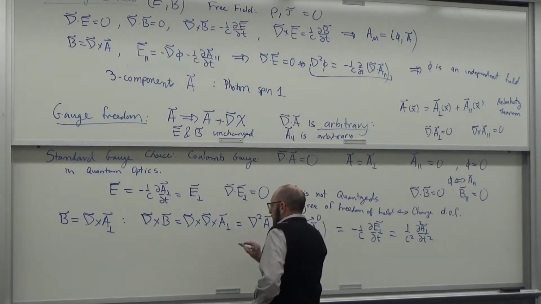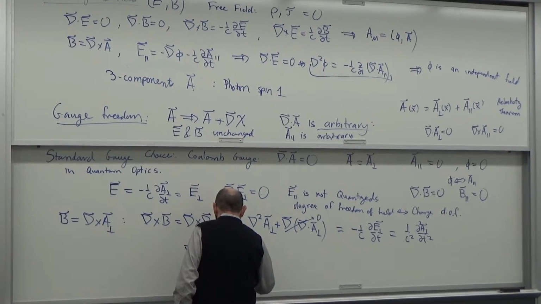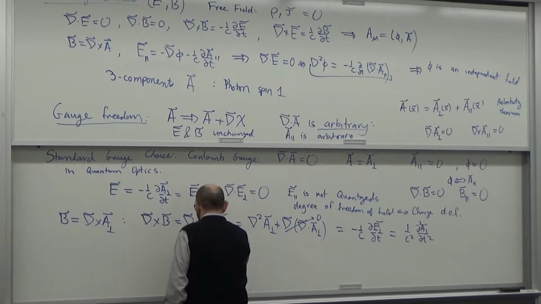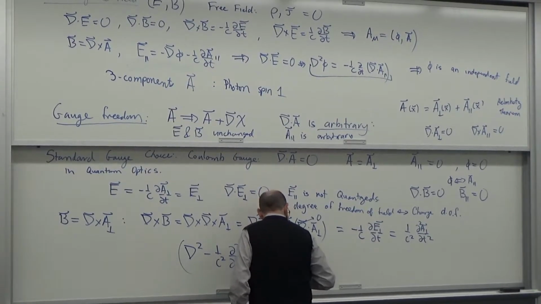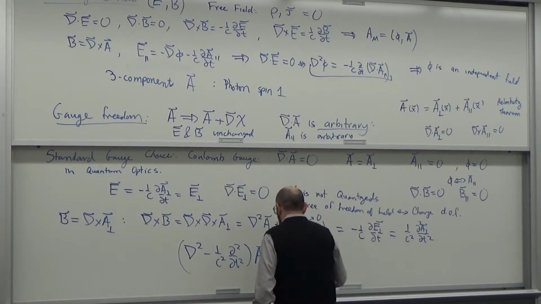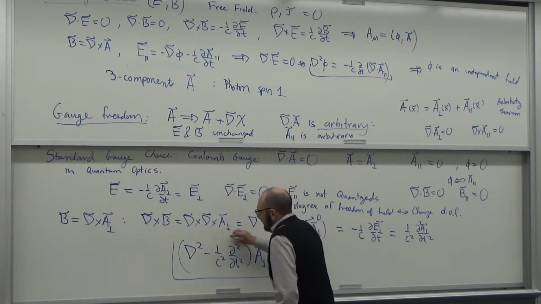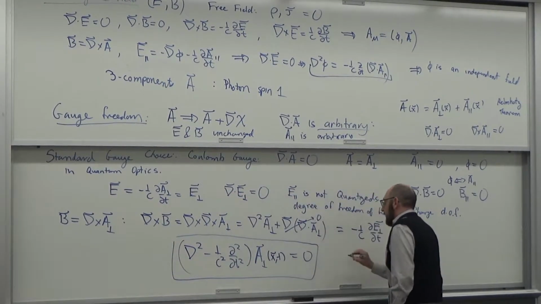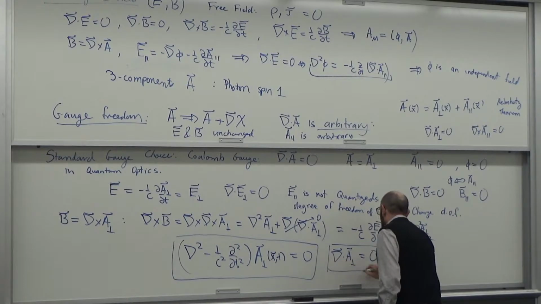And so, as expected, the vector potential satisfies the wave equation in 3D with our transverse gauge choice.